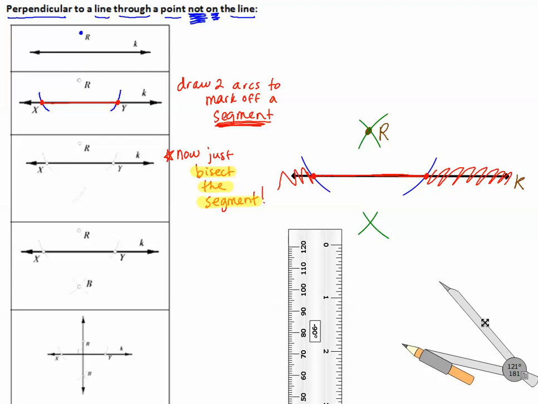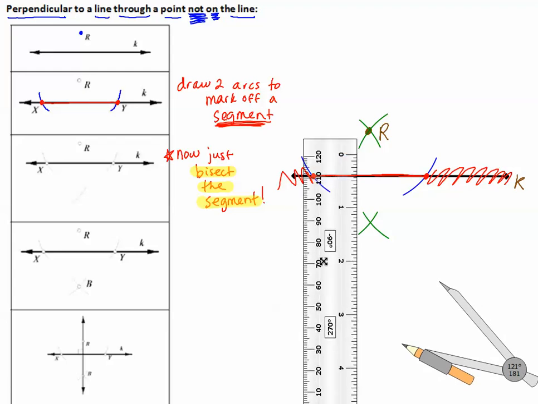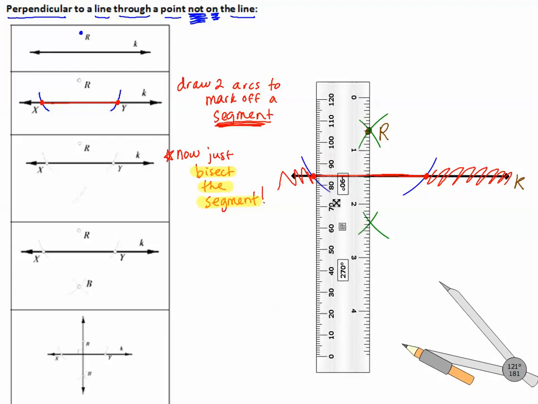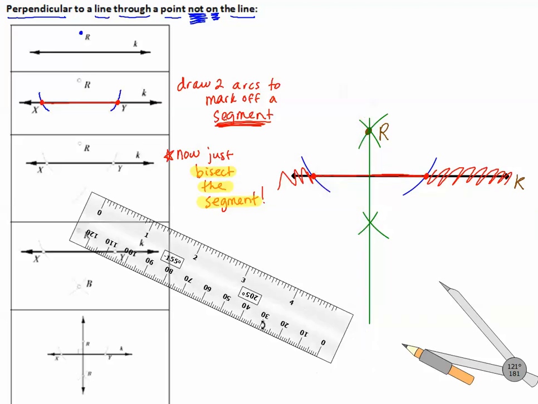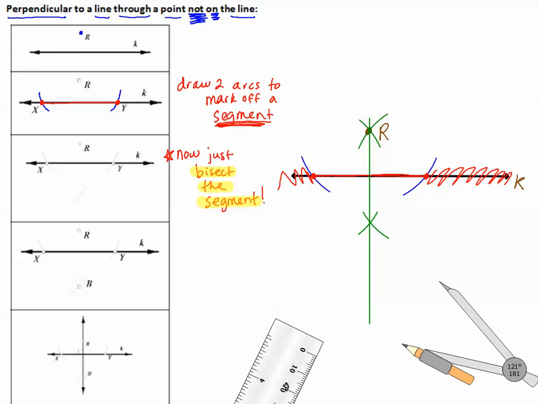Once I have my two pairs of intersecting arcs, bring my straight edge and draw my line. Nice and long. There you go. And once again, we can draw our right angle anywhere we want. Down here, or vertical to it, or linear pair with it. Cool.